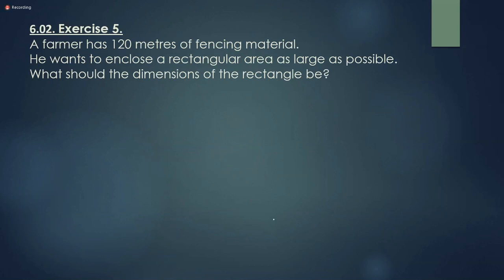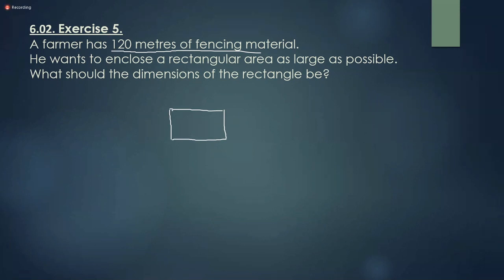Another optimization problem. A farmer has some 120 meters of fence, and he wants to enclose some area, maybe for sheep, maybe for something else.